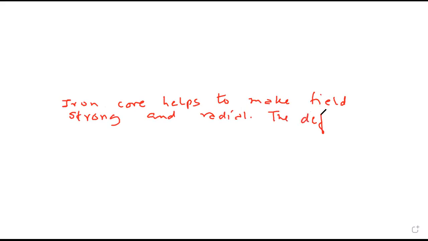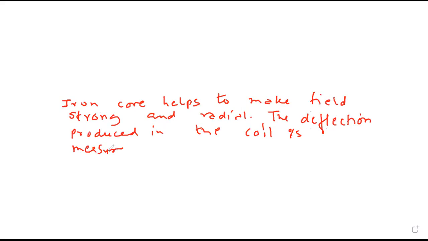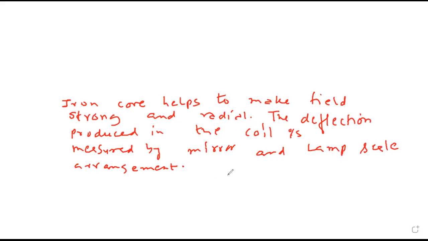The deflection produced in the coil is measured by a mirror and lamp scale arrangement. Now this arrangement we have not shown in the diagram.